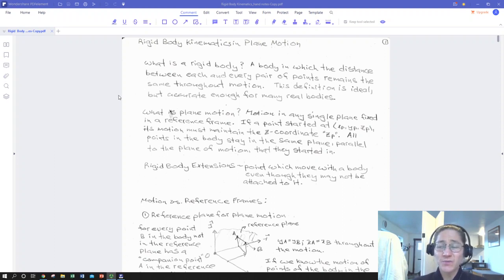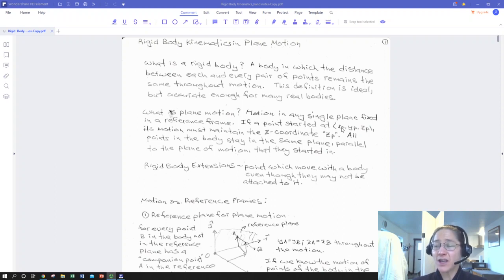Okay, next question. What is plane motion? It's motion in any single plane in a fixed reference frame. So we can look at that in terms of the concept of rigidity and say, all right, say we have a point in a rigid body and it starts at x_p, y_p, z_p.